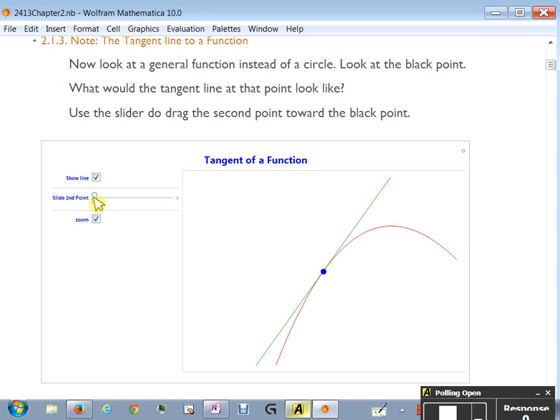But that's kind of weird, right? Because to define a line, how many points do you need? You need 2 points. If I just give you 1 point and ask you what's the line through that point, there are infinitely many lines. So you have to have 2 points to have a line, and we're saying there's some way we're going to be able to get a line through 1 point. It's kind of a weird idea.